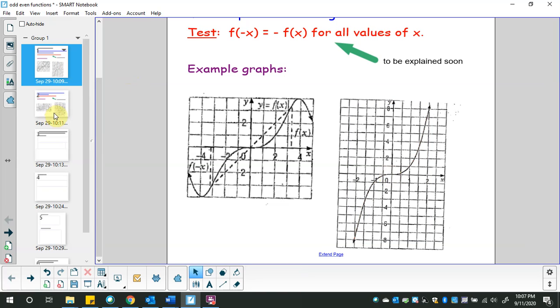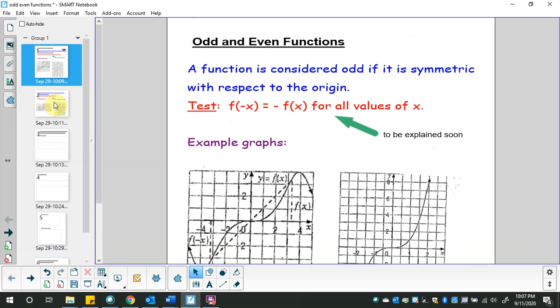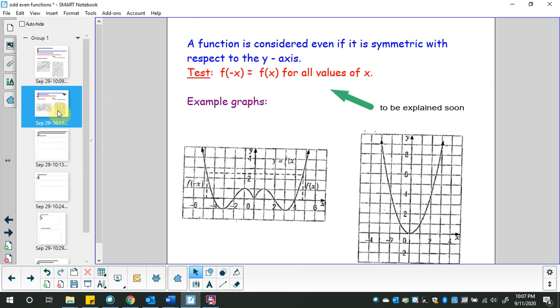And even is a little bit easier. And remember, if it doesn't fit into this rotational description or this one, then you just file it under neither. Now, an even function is if it is symmetric with respect to the y-axis.